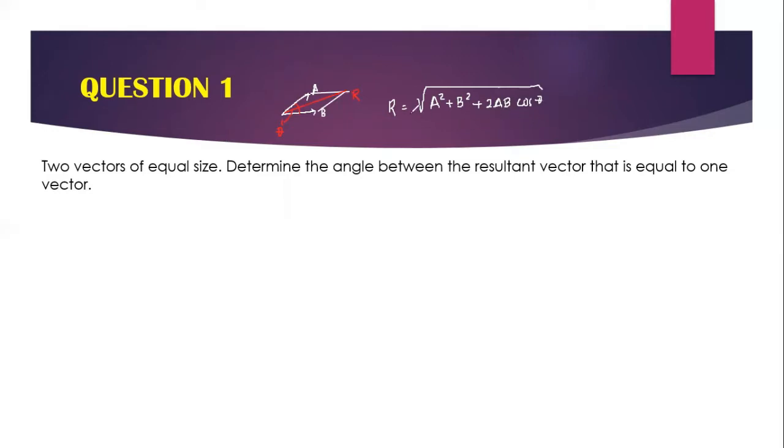By using the parallelogram method, actually there are two methods: parallelogram and triangle. But in this question, the two vectors are of equal size. Clear, yeah? And then follow the parallelogram method here.